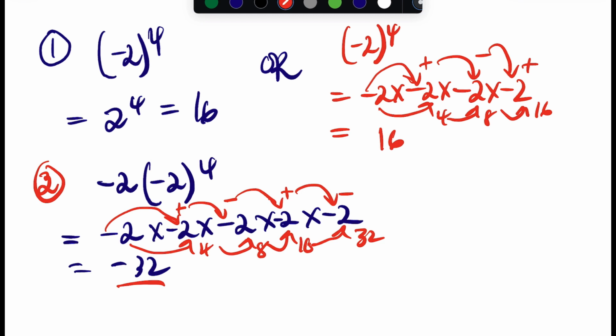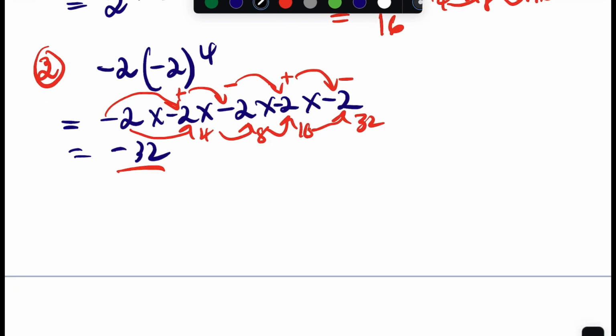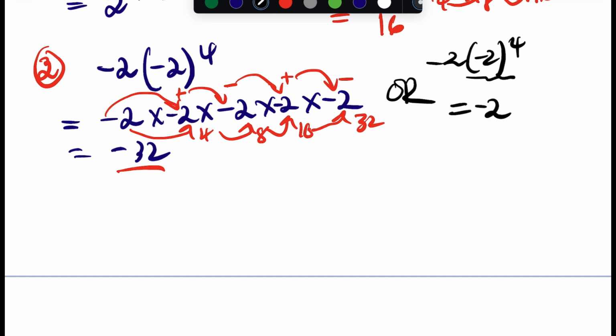It's negative 32, right? But the shorter way for this, negative 2 to the power 4, you can say this negative 2, you put it there and you focus on that bracket. The negative integer to the power of an even number, so it's going to be 2 to the power 4 is going to be positive.